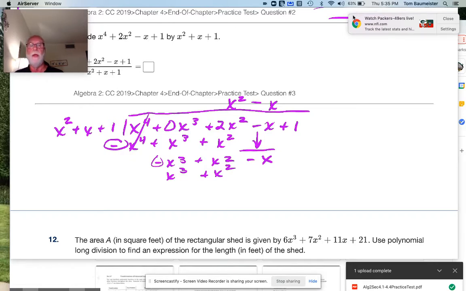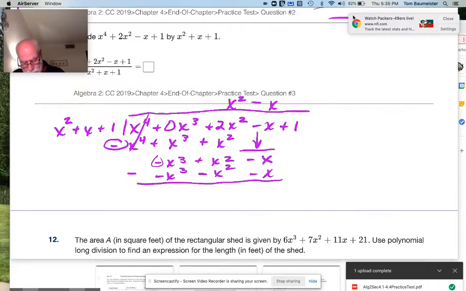See, I was doing it and I noticed something was wrong. So if that's the case, then remember that means I'm going to have a negative x cubed here, and then I'm going to have a negative x squared there, and then I'm going to have negative x times 1, which is negative x.